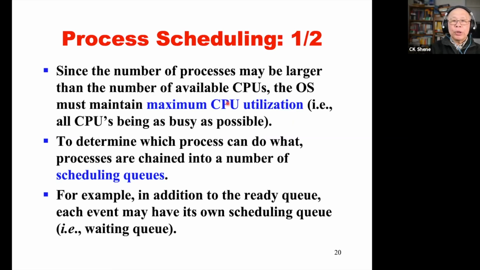To determine which process can do what, processes are chained into a number of scheduling queues. For example, in addition to the ready queue, each event may have its own scheduling queue. We call it a waiting queue. And even a ready queue could be split into multiple queues.